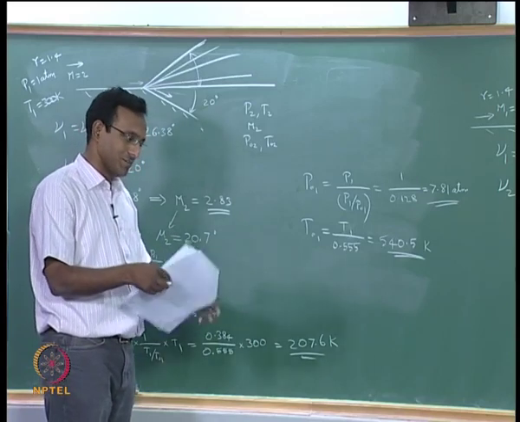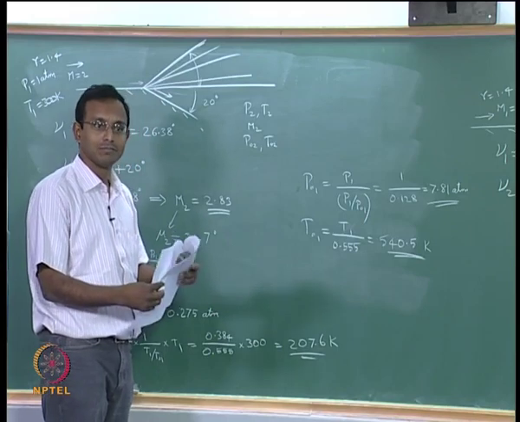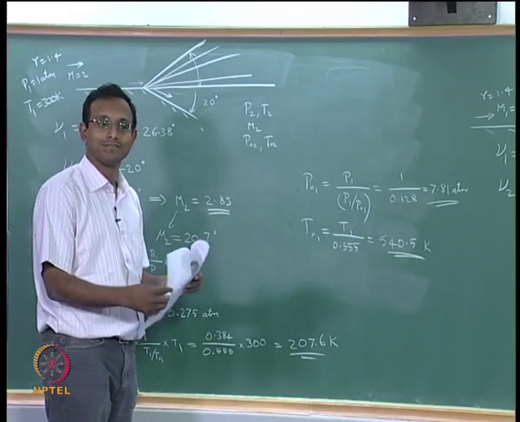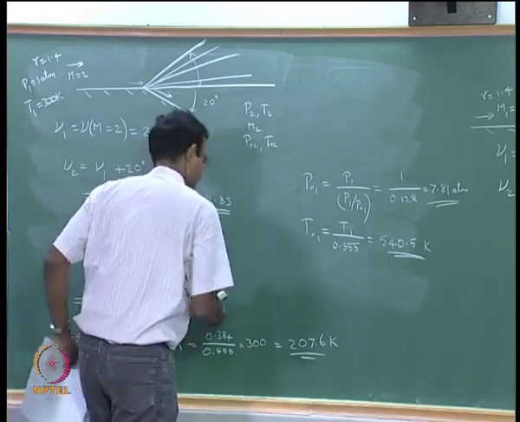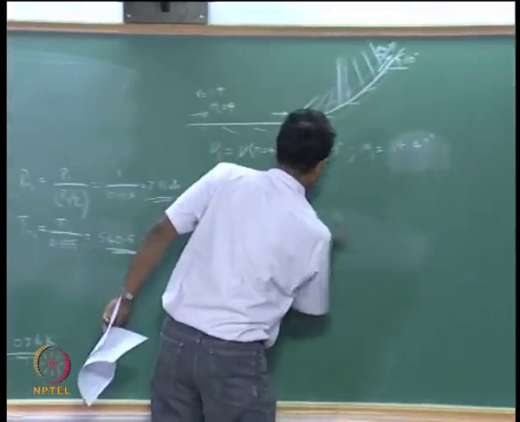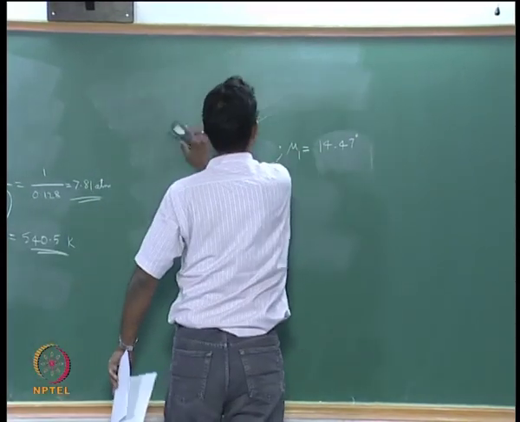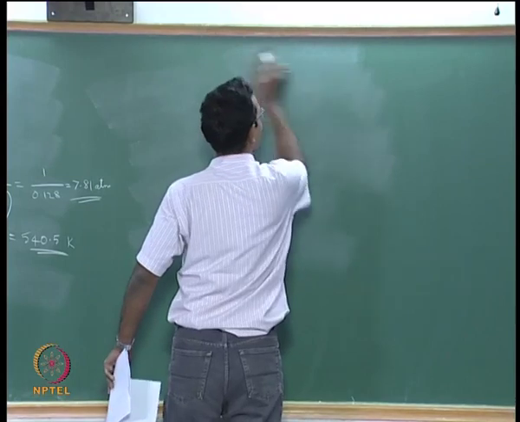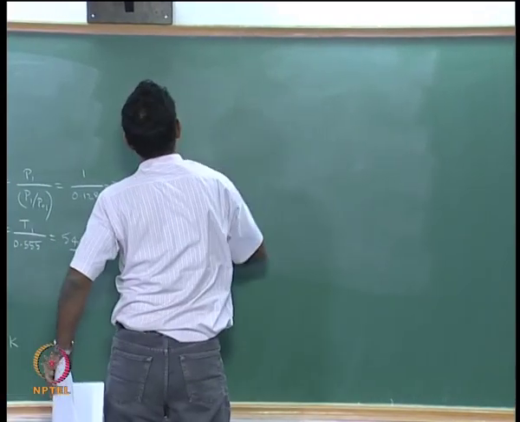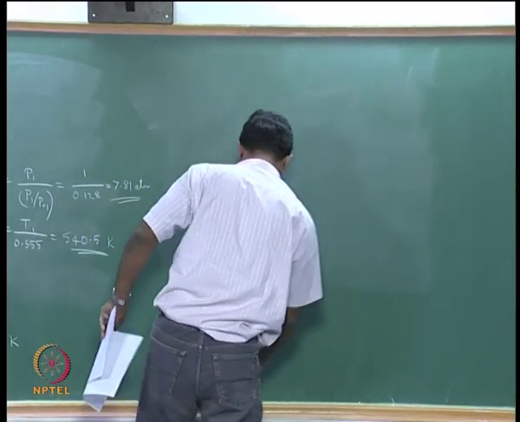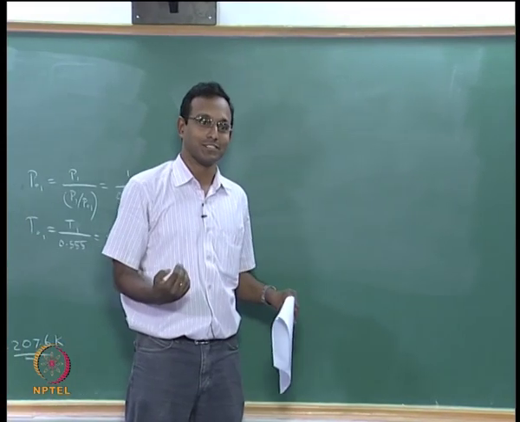What other property is important in this problem? Anything else that we haven't talked about till now? Only one more. It happens to be velocity. Okay. So, we will just find the velocity also. Why do I have to talk about this? Just in case somebody has a doubt: the Mach number increases, but I cannot just say velocity increases because temperature decreases.